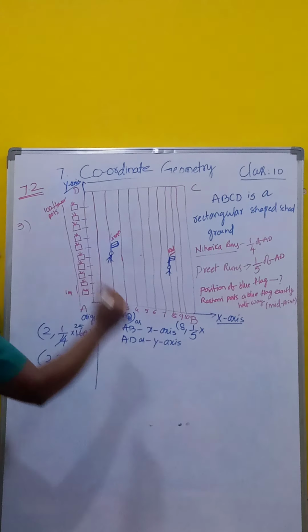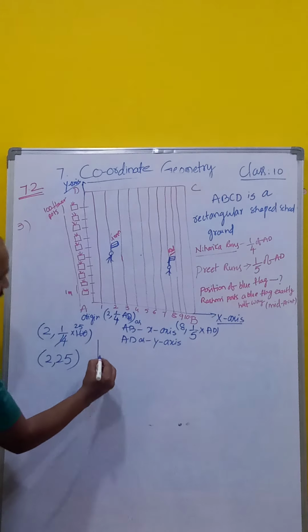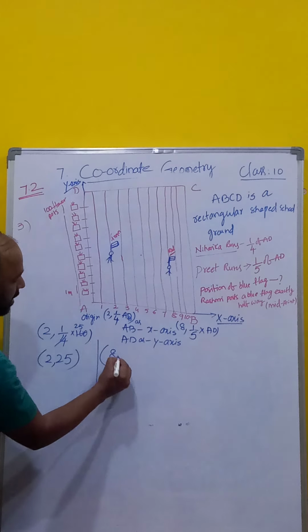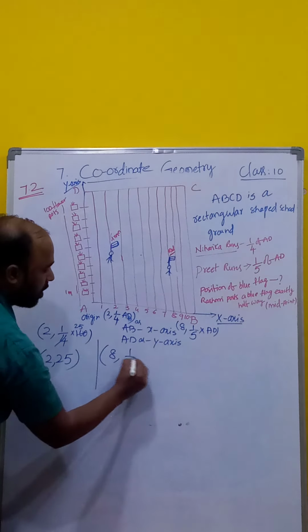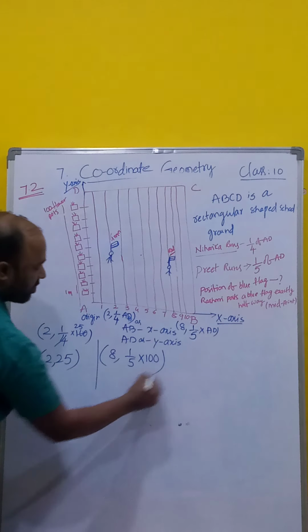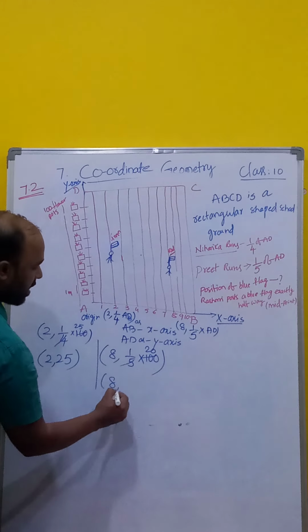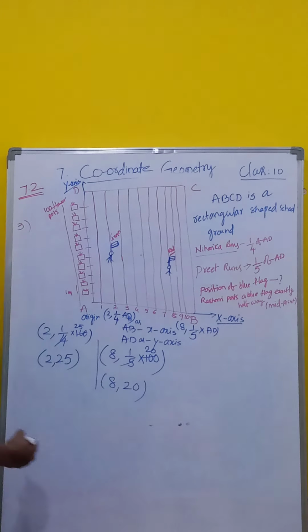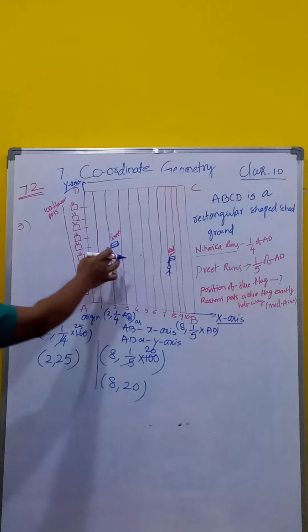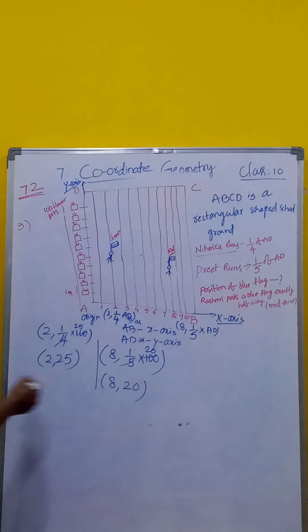AD length we know already, that is 100. Cancel this, 20. That is 8 comma 20. Then we got this point is 2 comma 25 and this point is 8 comma 20.